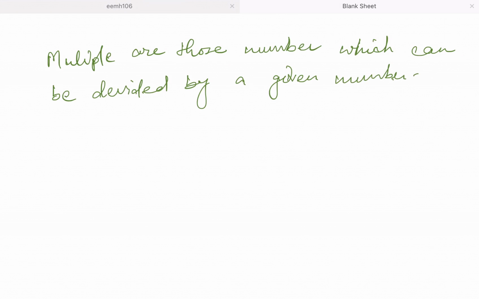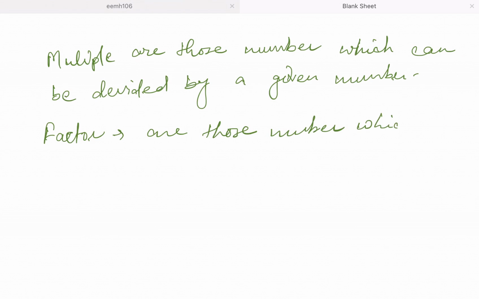And factors, what is a factor? Factors are those numbers which divide the given number.